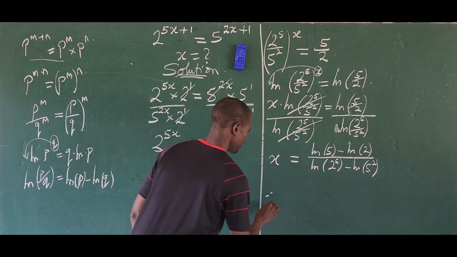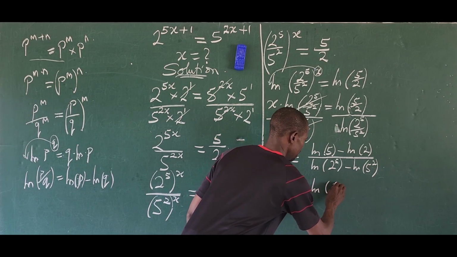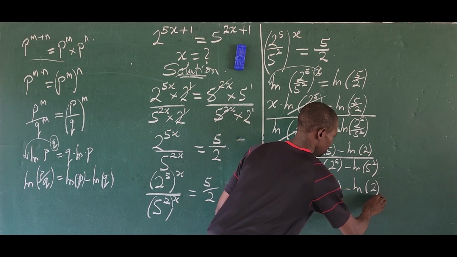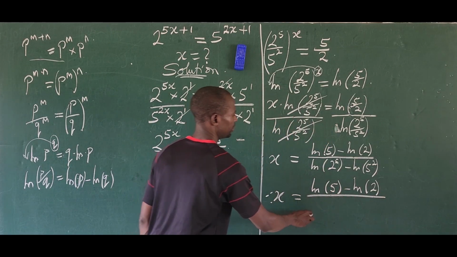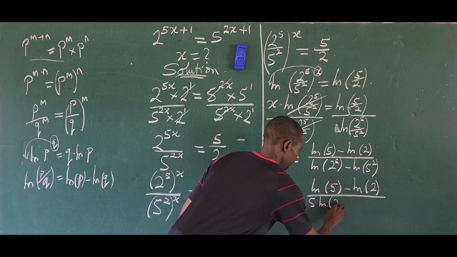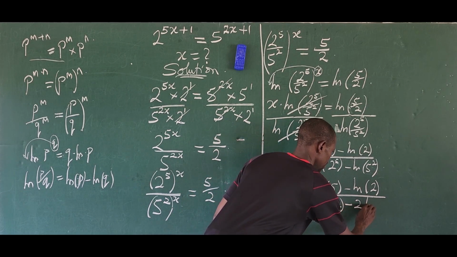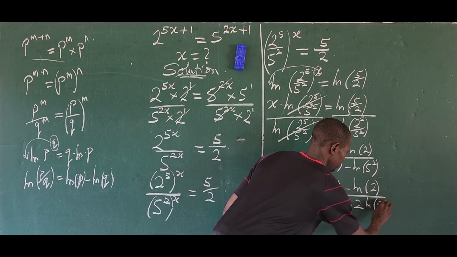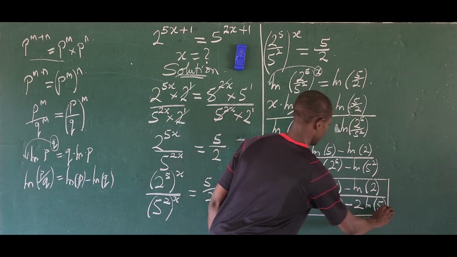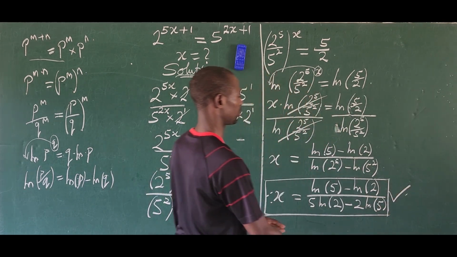And so we're going to have, therefore, x equals the ln of 5 minus the ln of 2, all over 5 times the ln of 2, minus 2 times the ln of 5. So this is the final answer in our solving today.